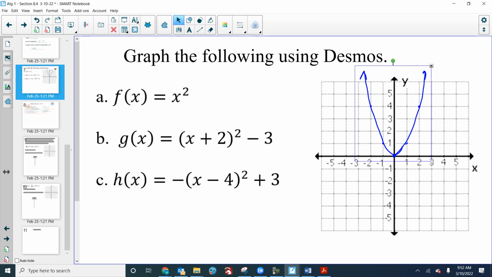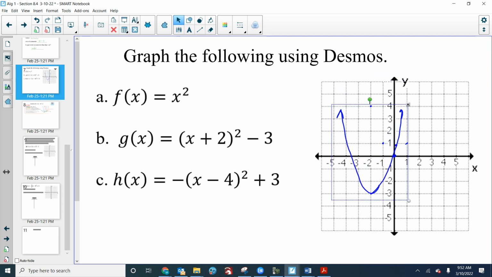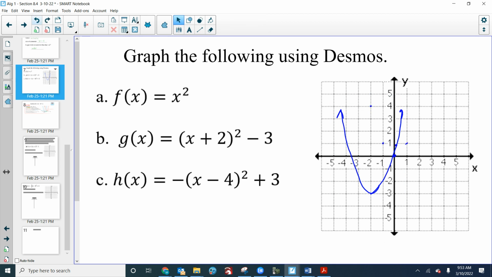Now, you told me to shift to the left 2, and then down 3. There's your part B answer. That was pretty cool. He has all his fancy gadgets. Make sense? I teach you the old way.